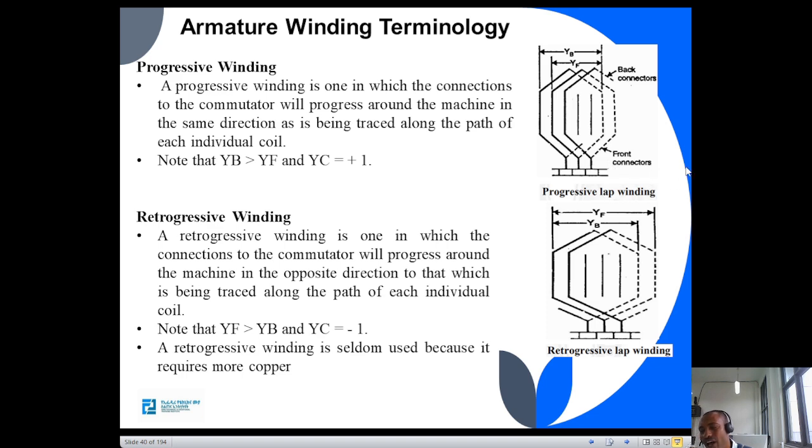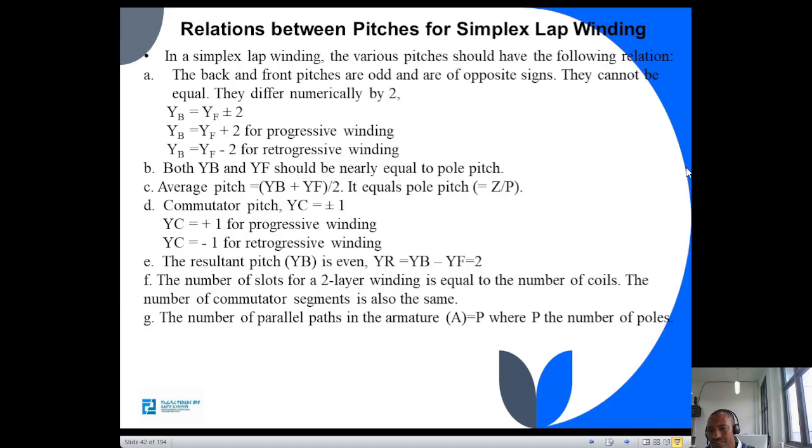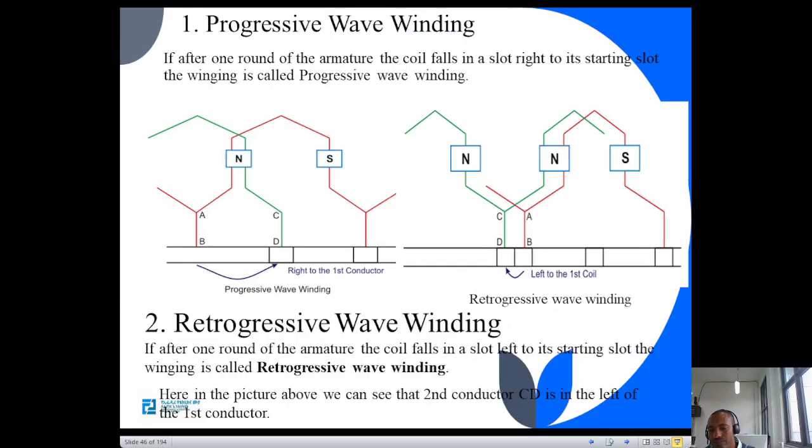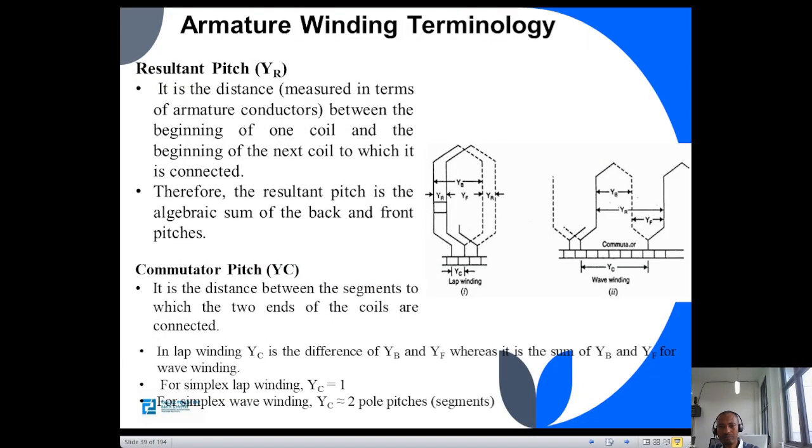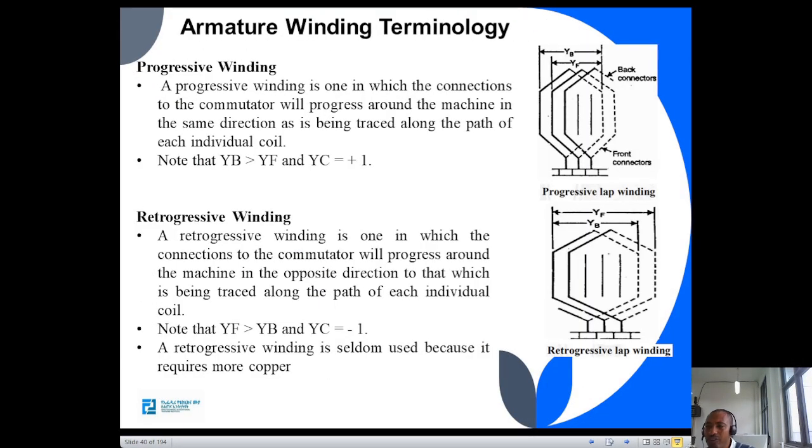Anyhow, if the windings are progressing from the first commutator to the next, to the third, to the fourth, like this, to the front side, we call it a progressive type of winding. In this type of winding, back pitch is greater than front pitch, and the commutator pitch is going to be +1.